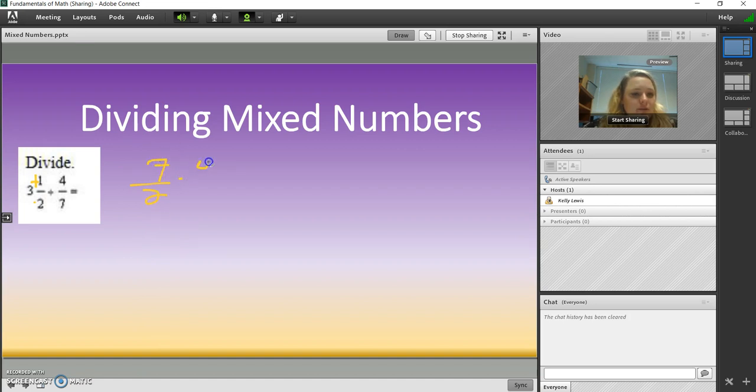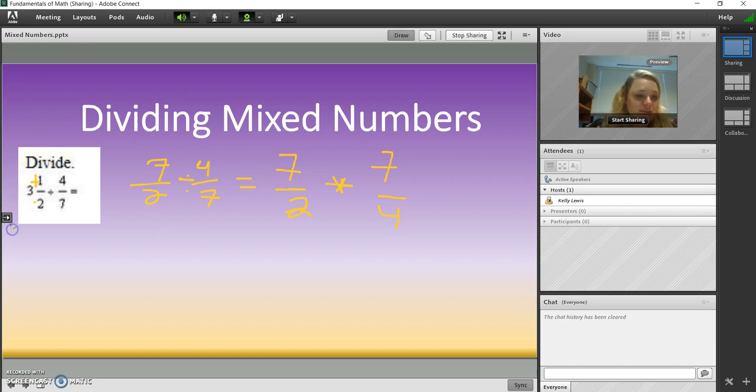divided by 4 sevenths. But remember, when you divide, don't cry, flip that sucker and multiply. Oh, this is division. So do 7 halves multiplied by 7 over 4. You cannot reduce during division.